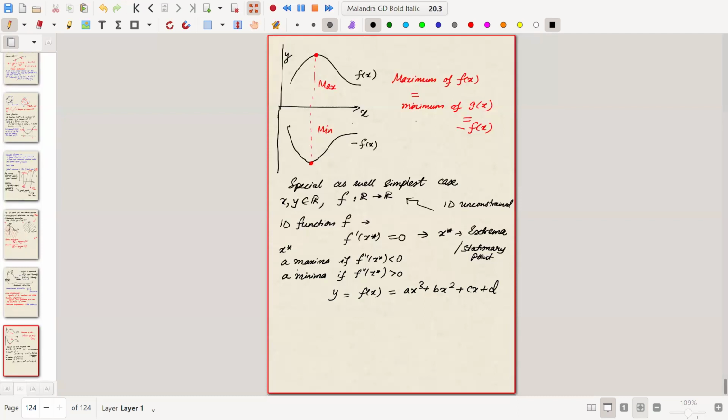Then you choose different values for a, b, c, and d, plot it in Python, take the derivative, plot the second derivative, and see where it is less than 0 and greater than 0. Appreciate that where you have a minimum, the second derivative is greater than 0, and where you have a maximum, the second derivative is less than 0. To appreciate the theory better, try to plot with any a, b, c, any number: 0.1, 0.5, 1, 2, 3, whatever.